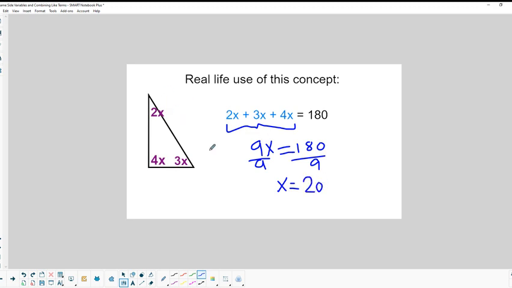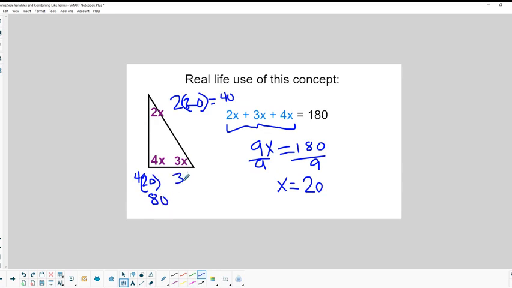Now, if we put that 20 back up here in for each x, we get 2 times 20 equals 40. 4 times 20 equals 80.